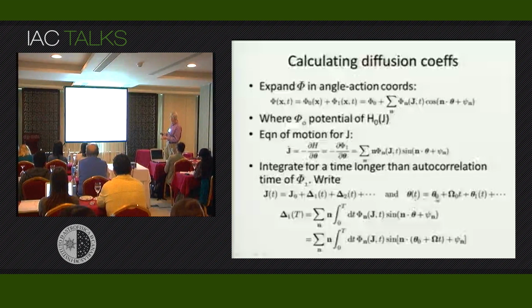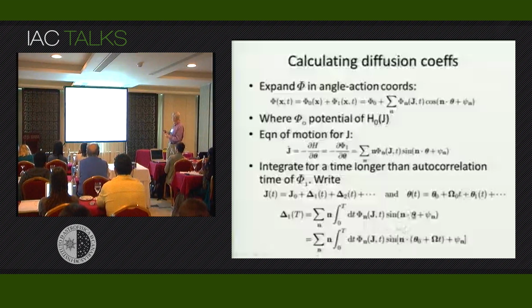And similarly, you have that the angle variable is equal to the unperturbed part, which is the linear increase in angle over time using the characteristic frequencies, plus a first-order part that we'll get by integrating the derivative of theta along the unperturbed orbit. So this thing here is simply the integral of this equation of motion dt. That's all we need, actually.